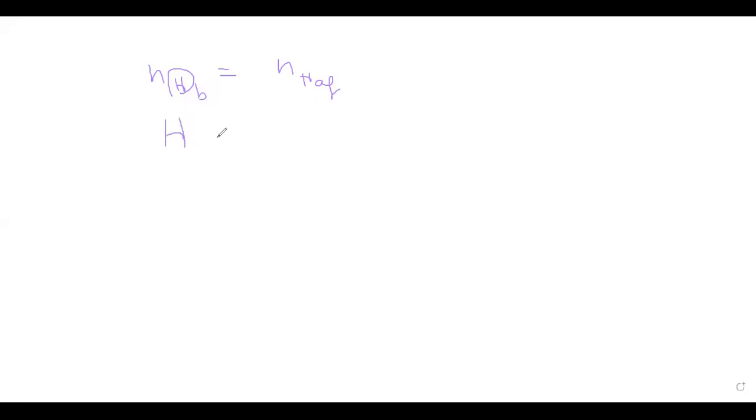Now, in the products, we have H2O and H2, okay? And we know that each molecule of H2O contains 2 kilomole of H. So we can say H is equal to 2 times number of kilomole of H2O plus each molecule of H2 contains 2 kilomole of H. So it's a plus 2 times NH2.